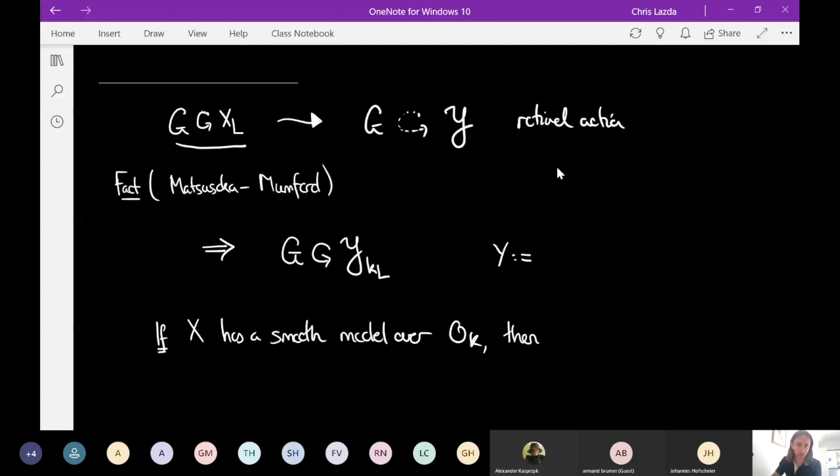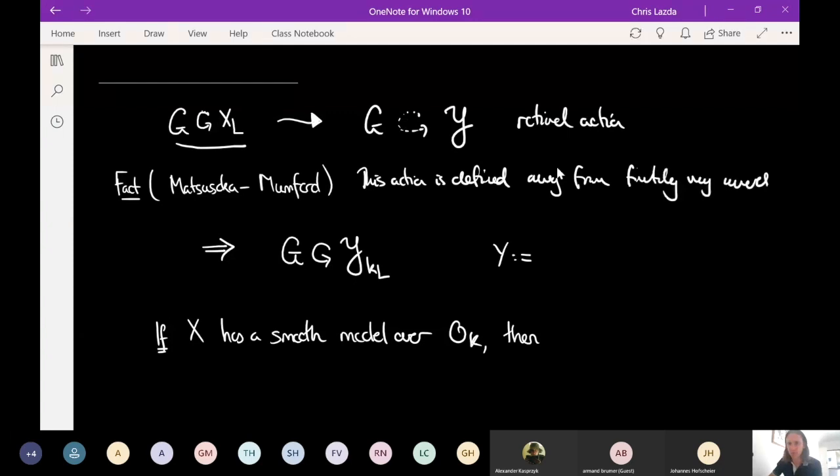And a key fact, which is a consequence of the Matsusaka-Mumford theorem, is that this action is defined away from finitely many curves inside the special fiber of this model curly Y. So a priori, it's defined just on the generic fiber, but I can actually extend it away from a finite collection of curves on the special fiber.